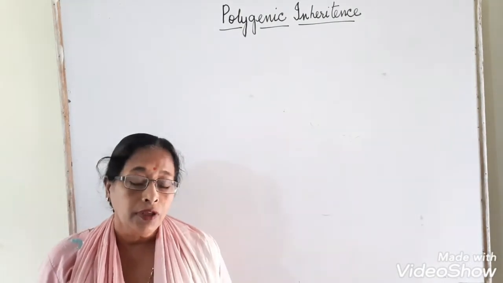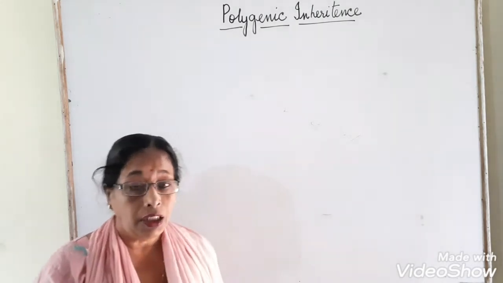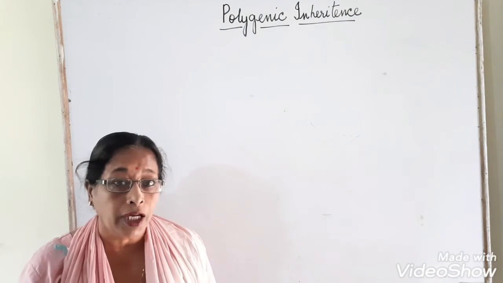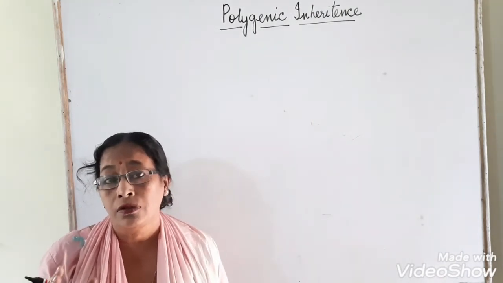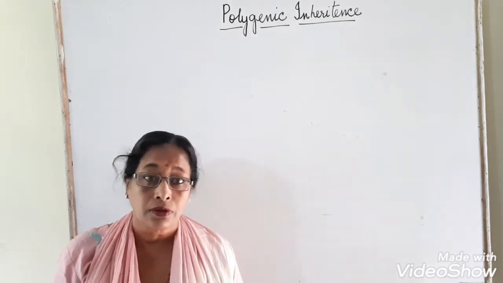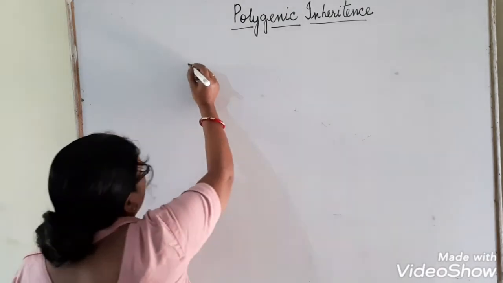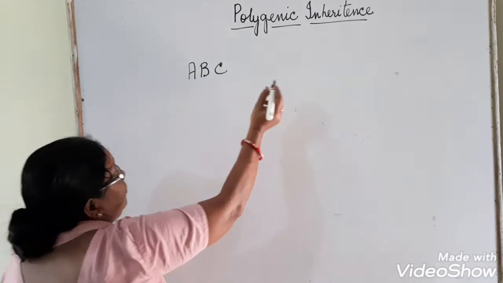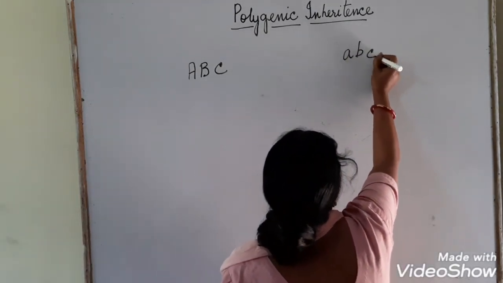So we see that the number of allelic combinations in the gamete is 8 and 64 possible phenotypic combinations can be made when two persons with similar genetic constitution are crossed. Now let us see how it is possible. We take these are dominant characters and these are recessive characters.